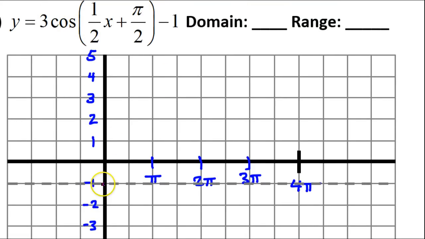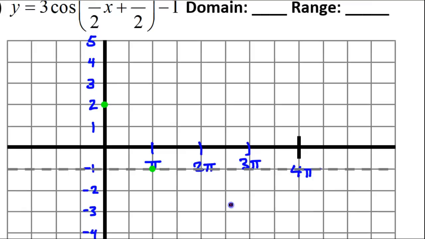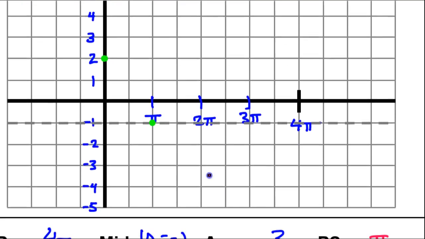Cosine is going to start off at the amplitude away from the midline, so I'm going to start off 3 above the midline. Then follow the cosine pattern, which is you fall back to the midline, and then you go the amplitude below the midline. So I have to go 3 below, and then back to the midline, and then 3 above. So this is one period of this skeleton cosine function.